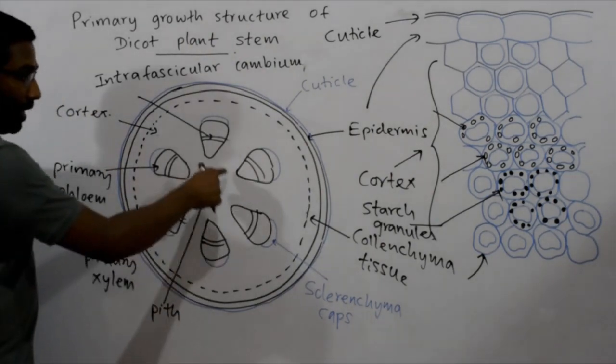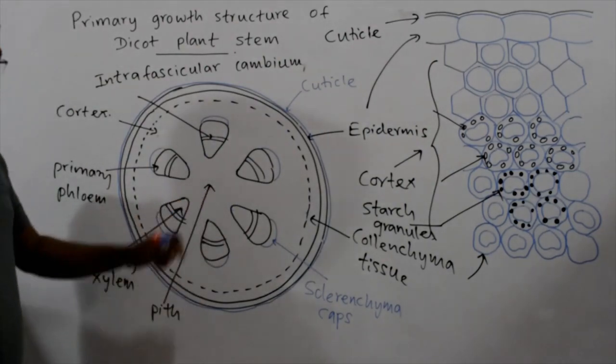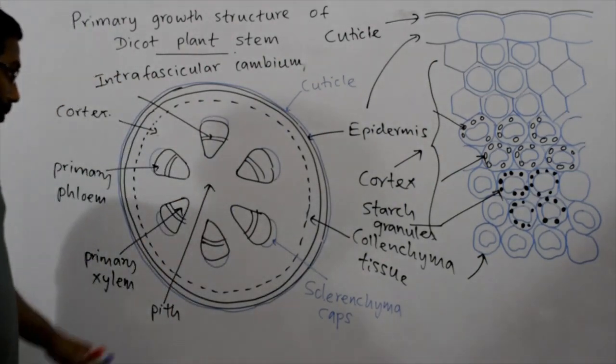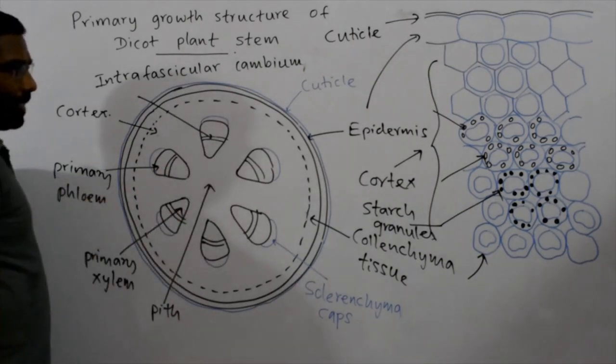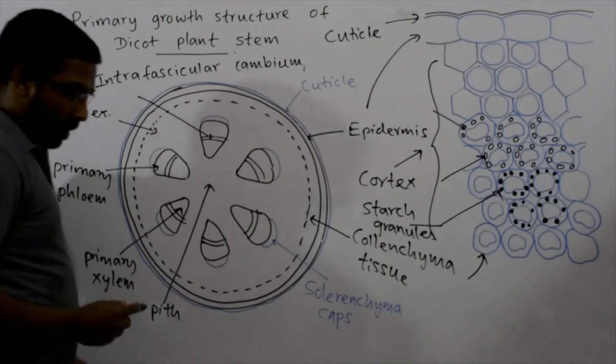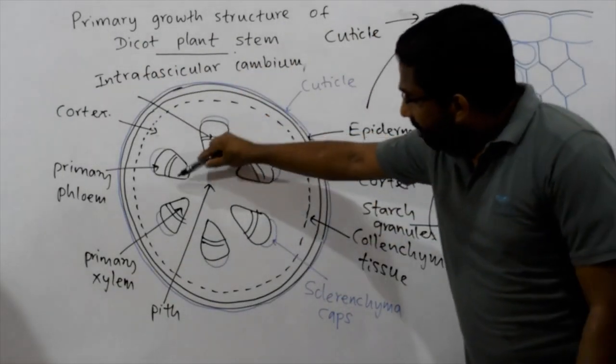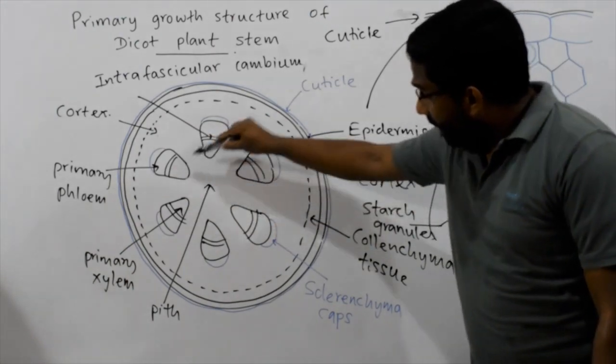This parenchyma tissue region found at the middle of the stem is known as pith, mainly made up of parenchyma and involved in storage. There are intercellular spaces in between these parenchyma cells. Also, you can observe parenchyma in between the vascular bundles.